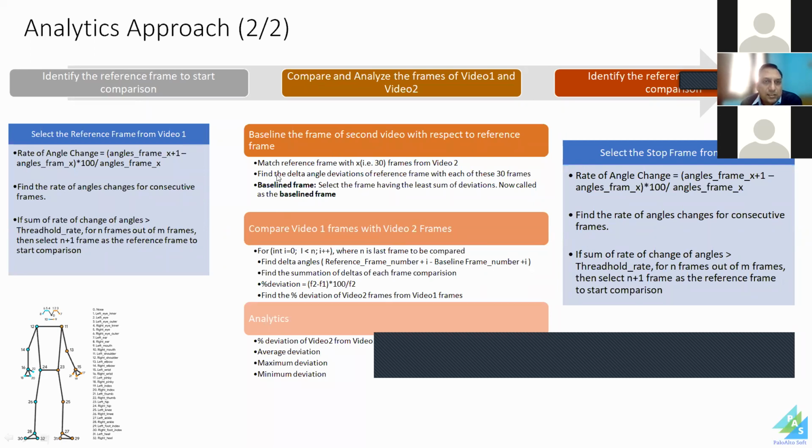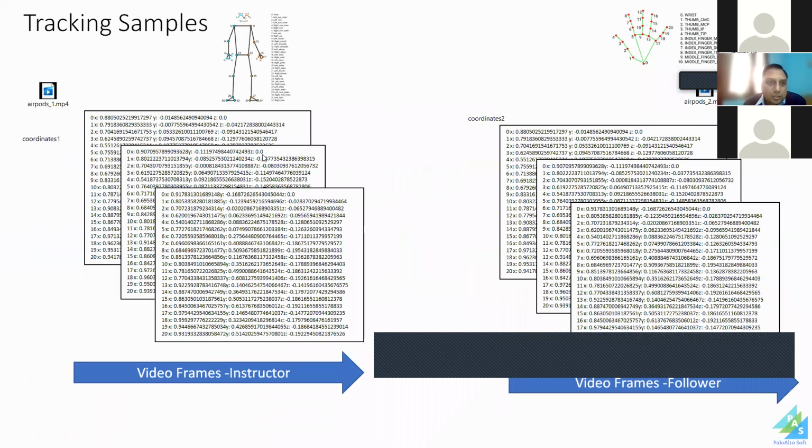What we are doing is we are finding the frame where to start comparison. For example, let's say we have 300 frames here, and let's say 300 frames here, or maybe even more, right? First, we are trying to find out which frame is closest to the next n frames.